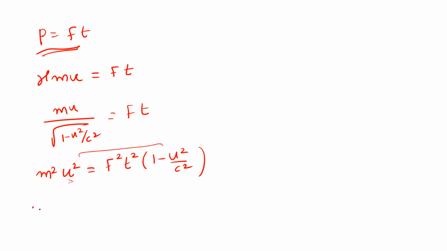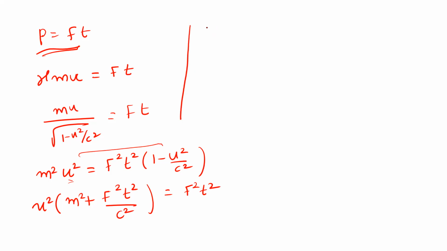Since there's a minus here, bring it to this side: u square multiplied by m square plus F square t square divided by c square is equal to F square t square. Correspondingly, u is equal to Ft divided by the square root of m square plus F square t square divided by c square.